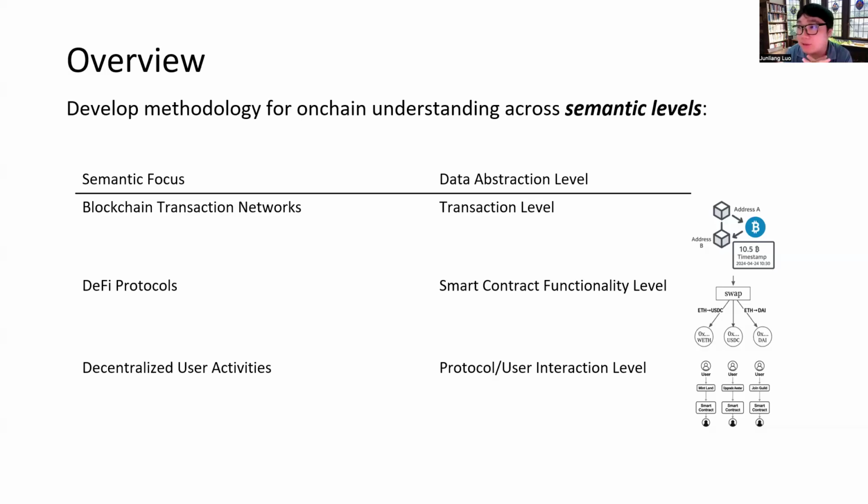If you're curious about how people really interact with each other on chain through on-chain games, is there any difference between social media like Twitter or WeChat compared with on-chain gaming or on-chain social media? What's the real difference? That's the user activity level, the highest abstraction level of the data that may be of interest.